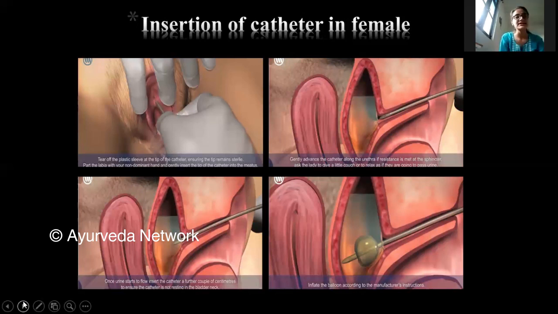When you are removing the catheter, it will definitely pose some problem. So when you are using a catheter for a longer period in such patients, we simply use distilled water. And where you don't have to catheterize for a longer period of time, you may use normal saline, which is commonly used in our hospitals.